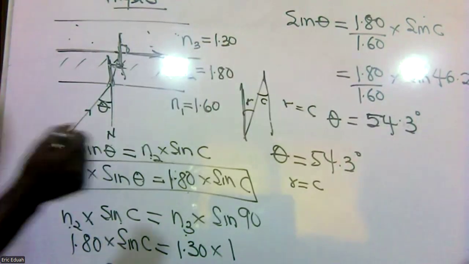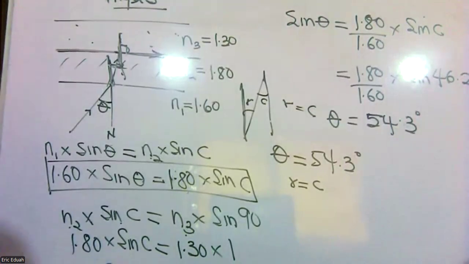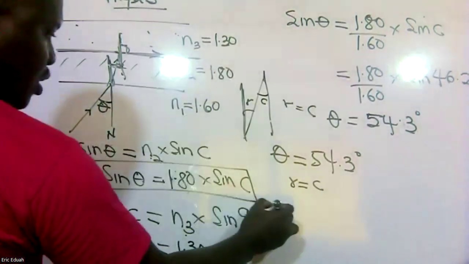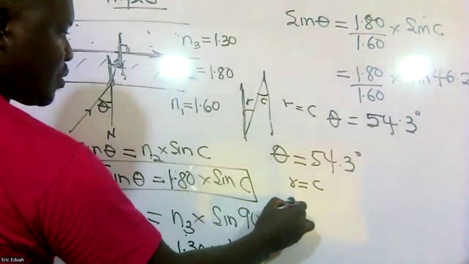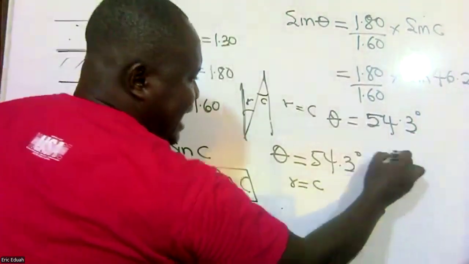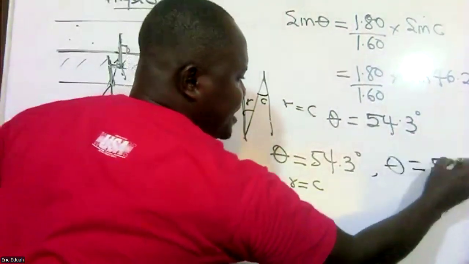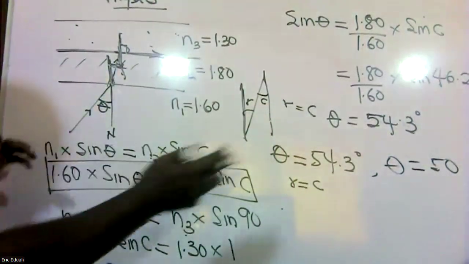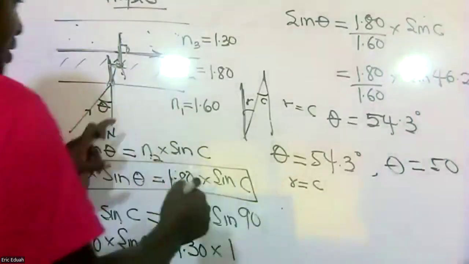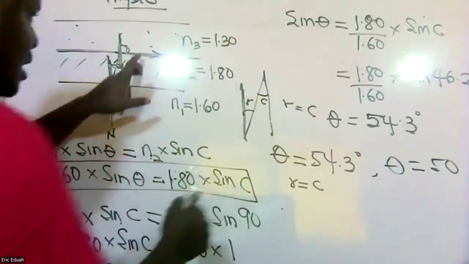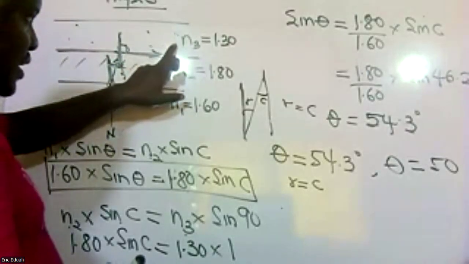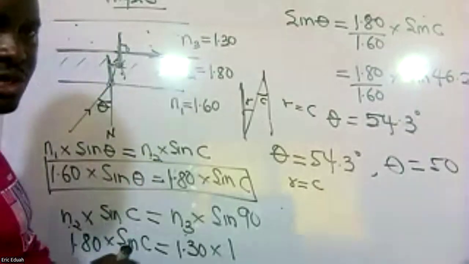If we decrease theta a little bit, what will happen to R or C? I'm decreasing theta to maybe 50, to see the effect in material 3, whether total internal reflection would occur.